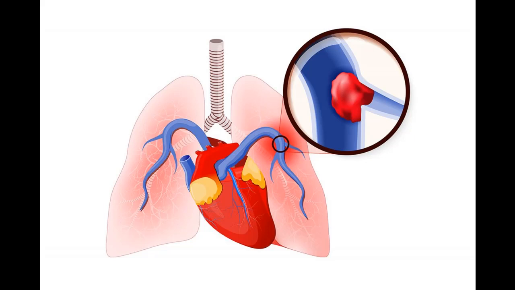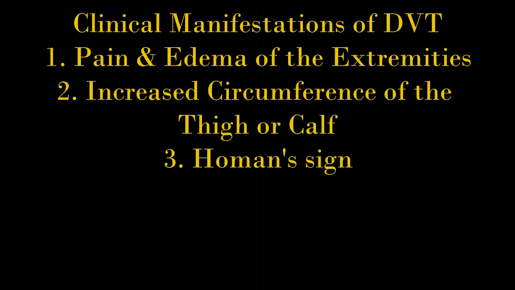DVT can be manifested through these clinical manifestations. We have the pain and edema of the extremity, increased circumference of the thigh or calf, and Homans sign can be felt.